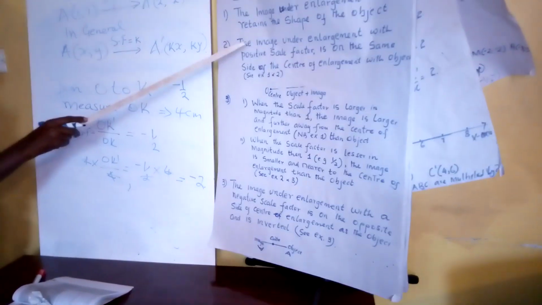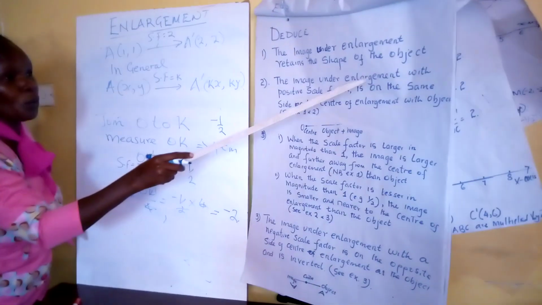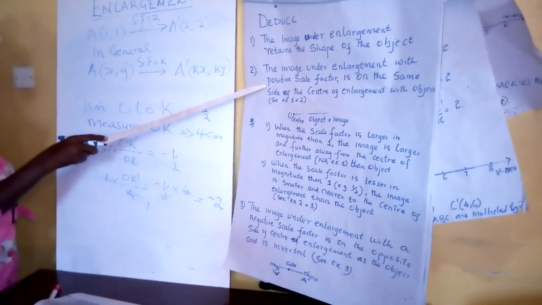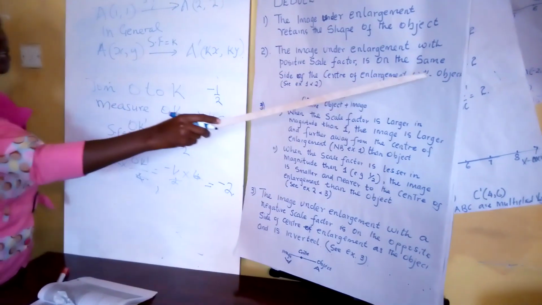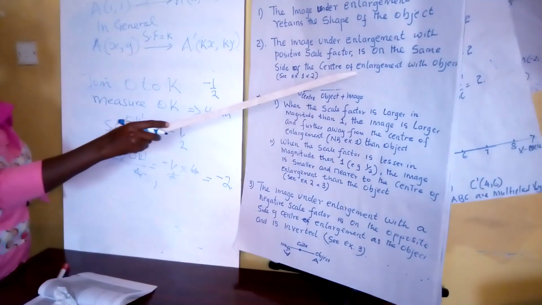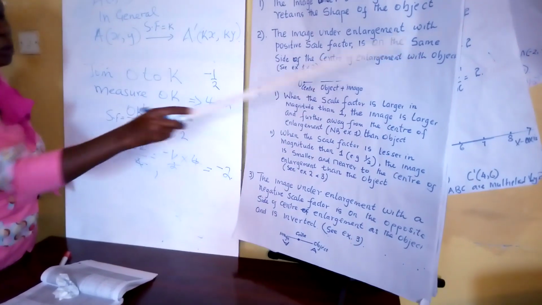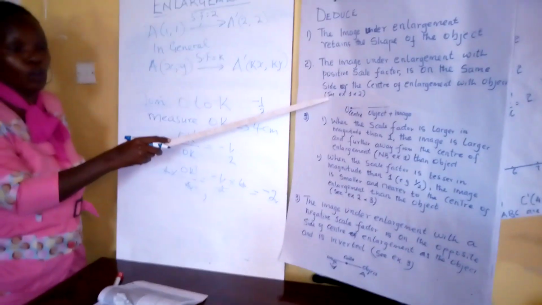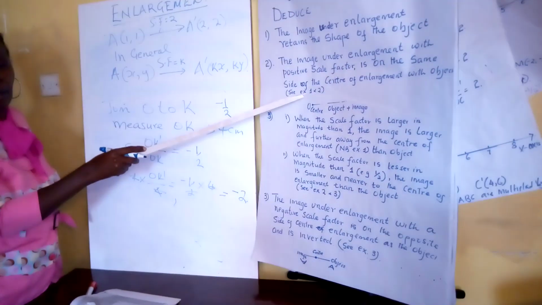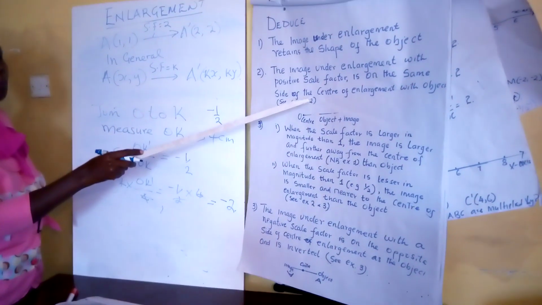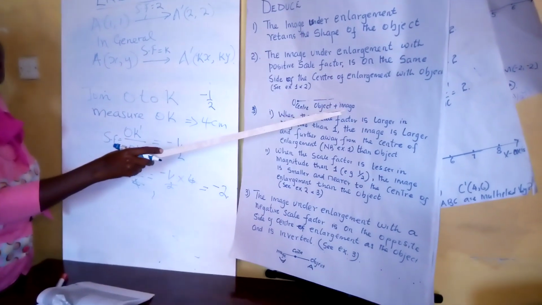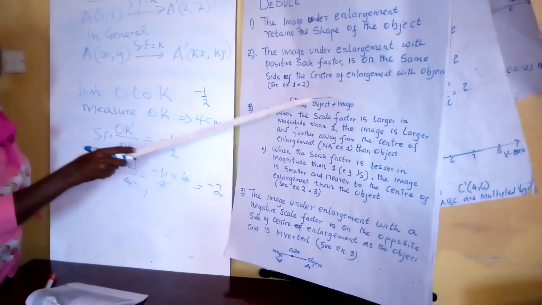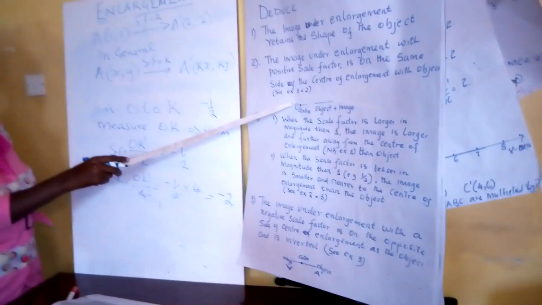Number 2, the image at the enlargement with positive scale factor is on the same side of the center of enlargement as the object. So you can check what you've gotten in example 1 and example 2. Both the object and the image were on the same side of the center of enlargement.